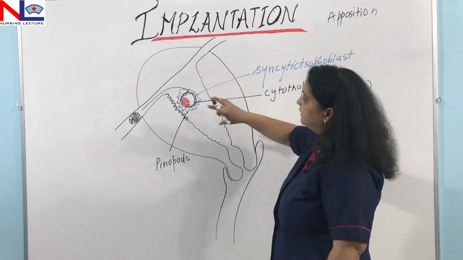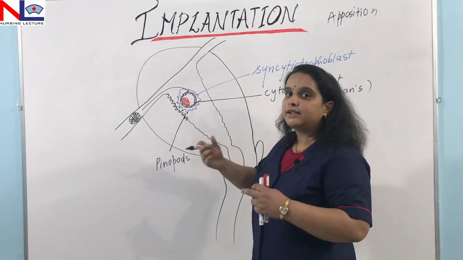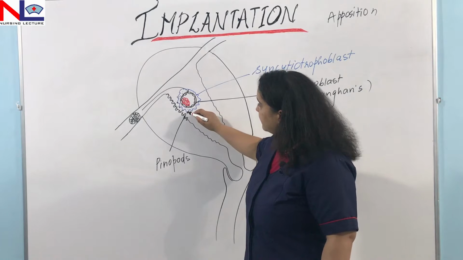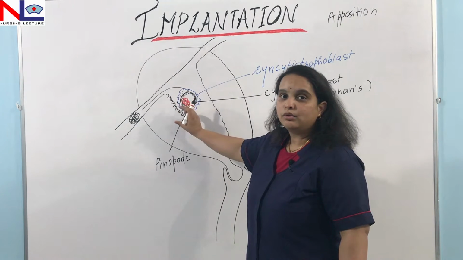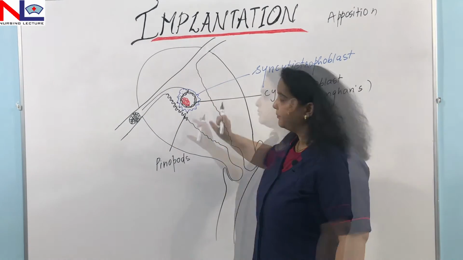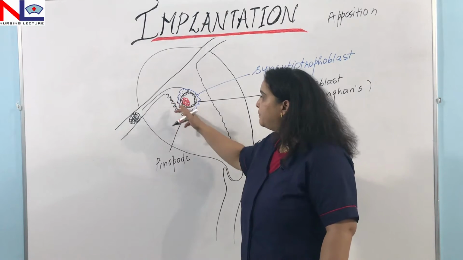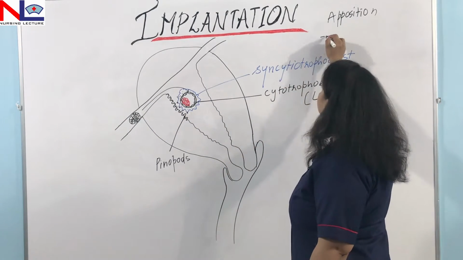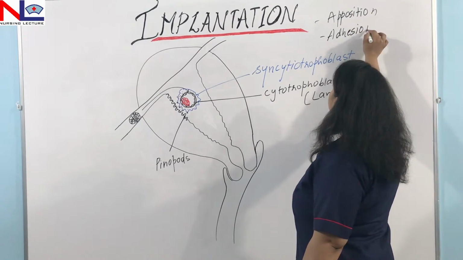It means the blastocyst and endometrial lining lie side by side, and the microvilli of both the structures start to come closer. After absorption of the uterine milk from these pinopods, what is happening? Another stage, that is adhesion, begins.